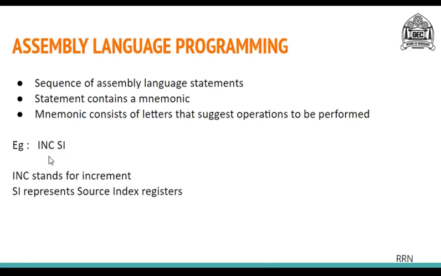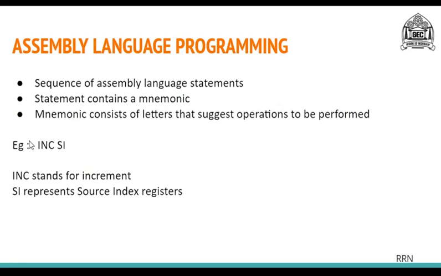So here it is an instruction, that is a statement. So the statement is formed of mnemonics. So the first mnemonic is INC and the second is SI. So what this instruction basically states is, here INC means your incrementation operation and SI means your source index register.